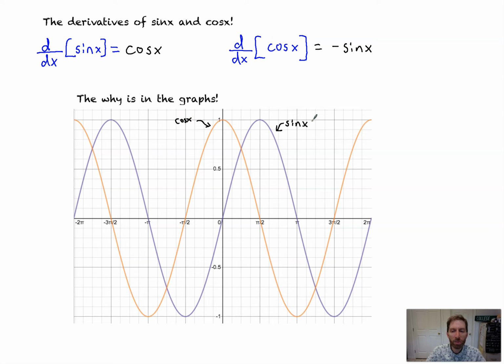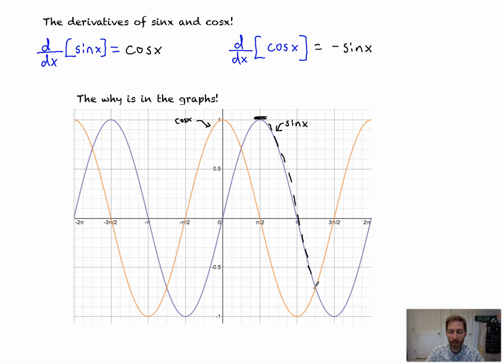Notice that the slopes of sine, so like let's look at one point here. The slope of sine here is 0. The y value of cosine is 0. All the slopes of sine on this entire interval are negative, right? This curve's going down. And all the y values of cosine are negative that entire time. In fact, the slopes get more and more negative until pi. Pi is the steepest, most negative that we get to.